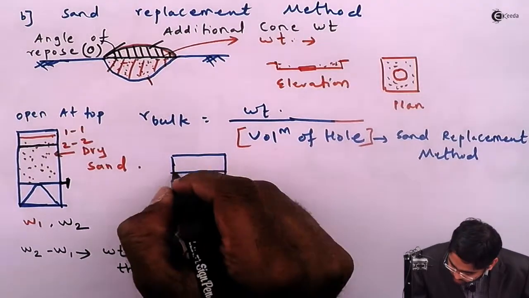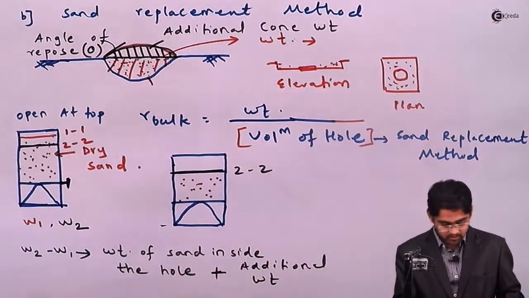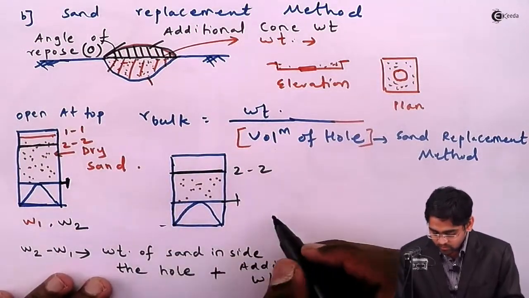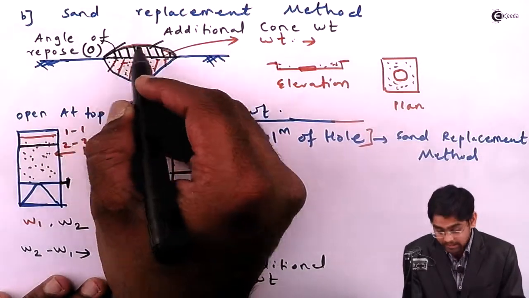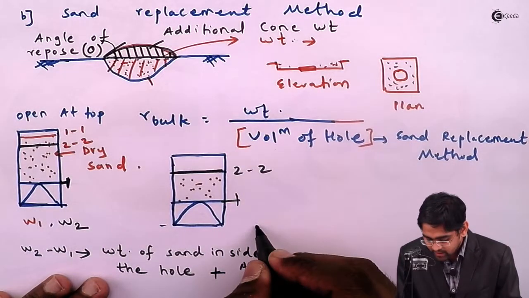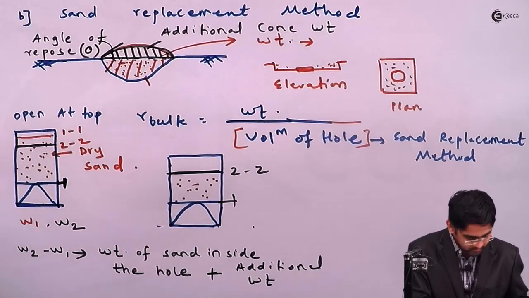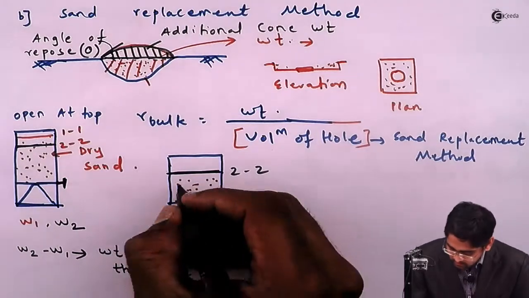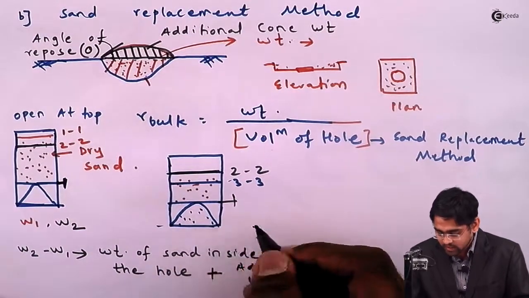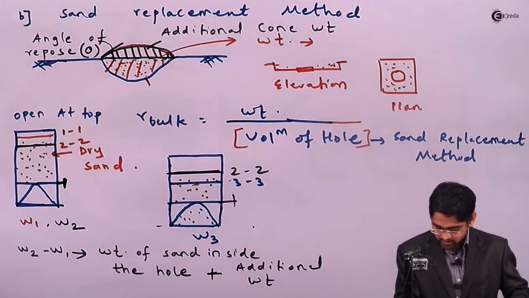On the plane table you will open the flap and allow the sand to make a cone like this, which was done earlier. So you allow the dry sand to form a cone, and you will take its weight, right? Probably again you've got this level 3-3. So it will be filled with the cone, and you will take another weight W3.